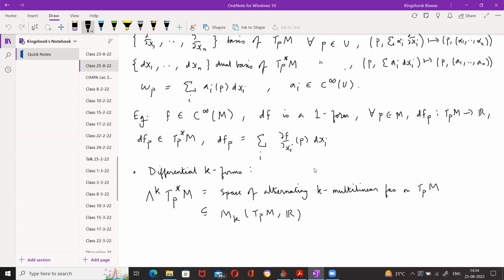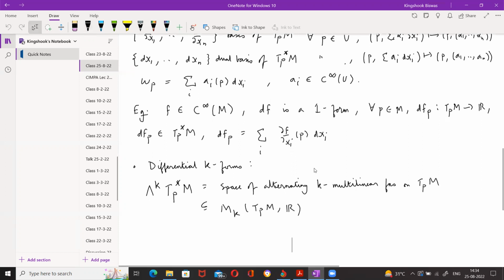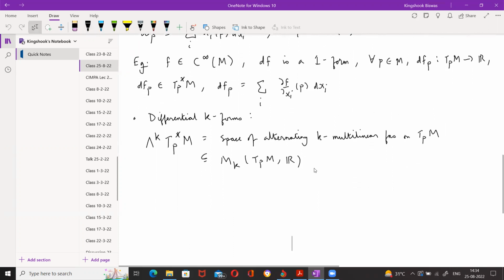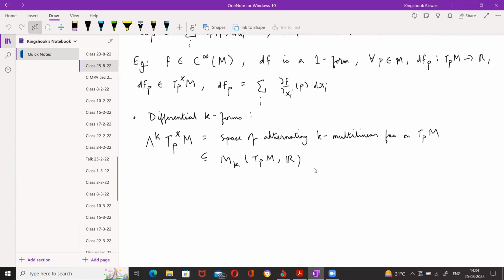So we have the kth wedge of the cotangent bundle. This will be the disjoint union of these kth wedges of the cotangent spaces.